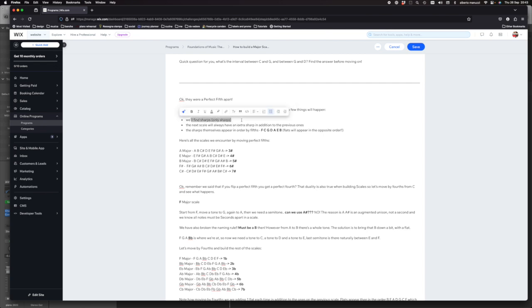Okay, from C to G we found F sharp. In D we found F and C sharp. In A we'll find F, C, G. In E we'll find F, C, G, D. In B we'll find F, C, G, D, A. Basically, each time it's two steps before.